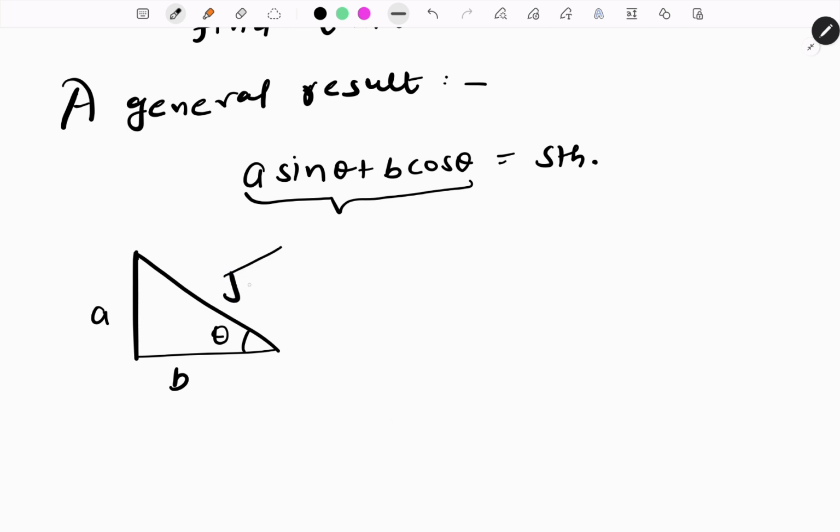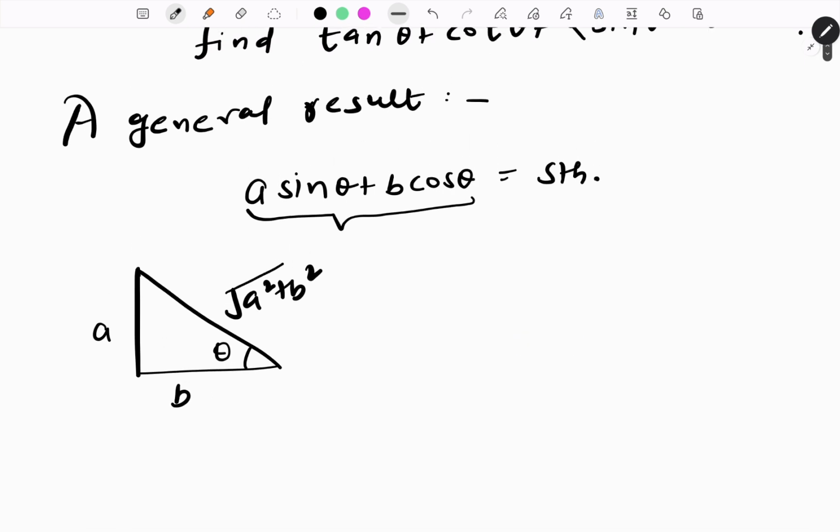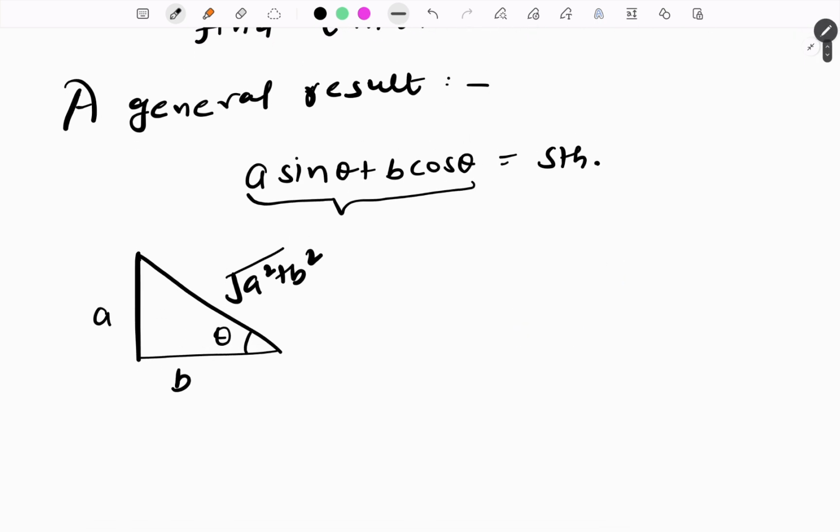We want to use the formula of sine a plus b or cos a plus b respectively. So what we do is convert these a and b into sines or cos of some angle.